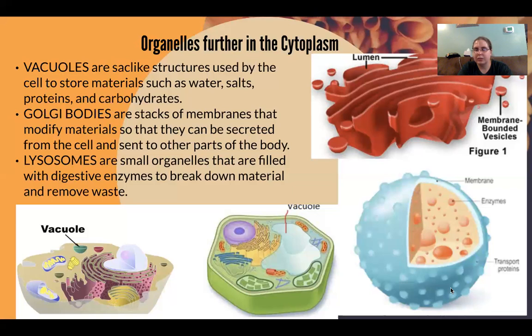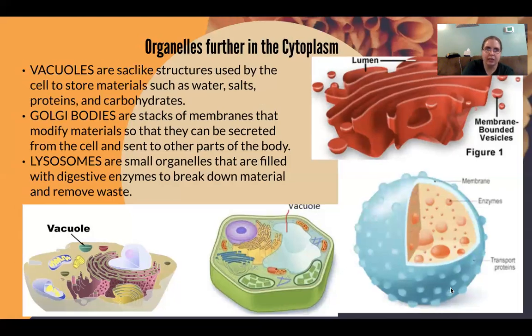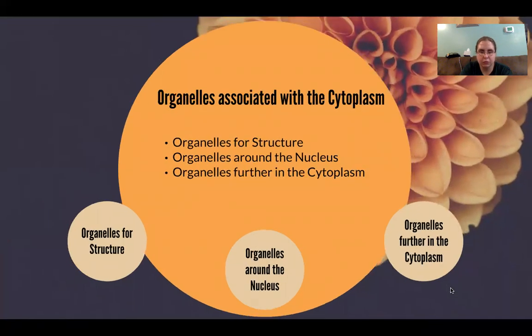It can break down stuff that the cell ingested, and it's going to break things down, recycle what it can, and then remove the rest as waste. Now there is another similar one called the peroxisome, which kind of has the same function, but instead of digestive enzymes, it has hydrogen peroxide in it. We don't worry about that later.